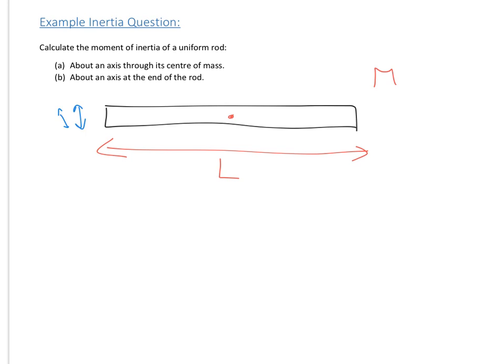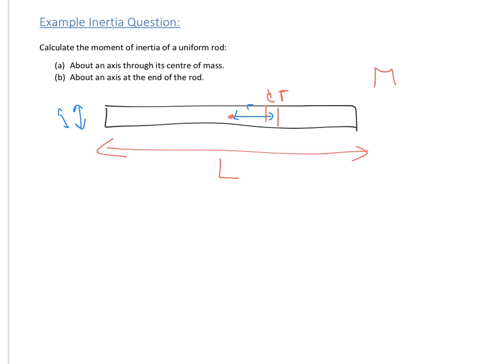And what we're going to do is we're going to consider a small mass, length delta r, and this delta r will have a certain distance from the centre of rotation.